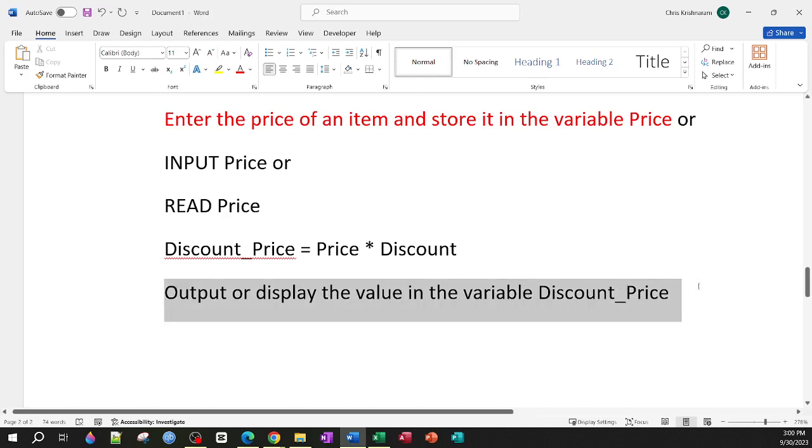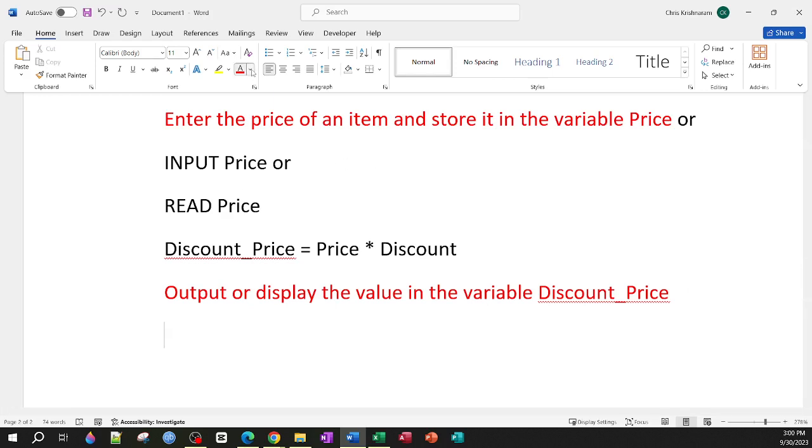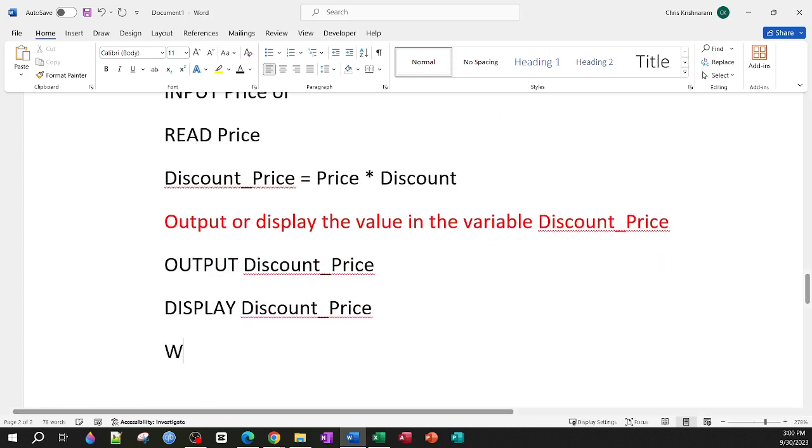So we could write it this way, once again, output or display the value in the variable discount price, or we can follow the guideline, follow the rule, and use a keyword to basically say output discount underscore price, or display discount underscore price, or write discount underscore price. What was the other one?